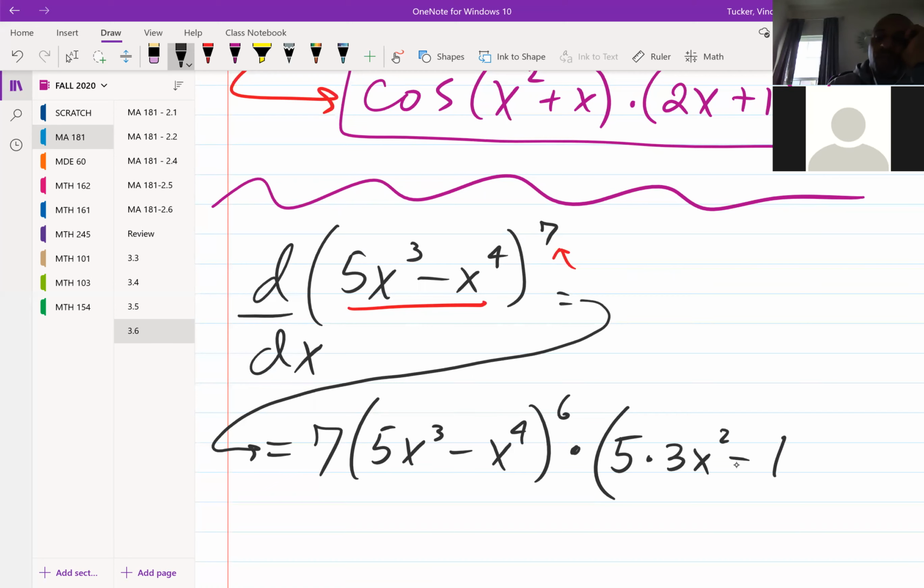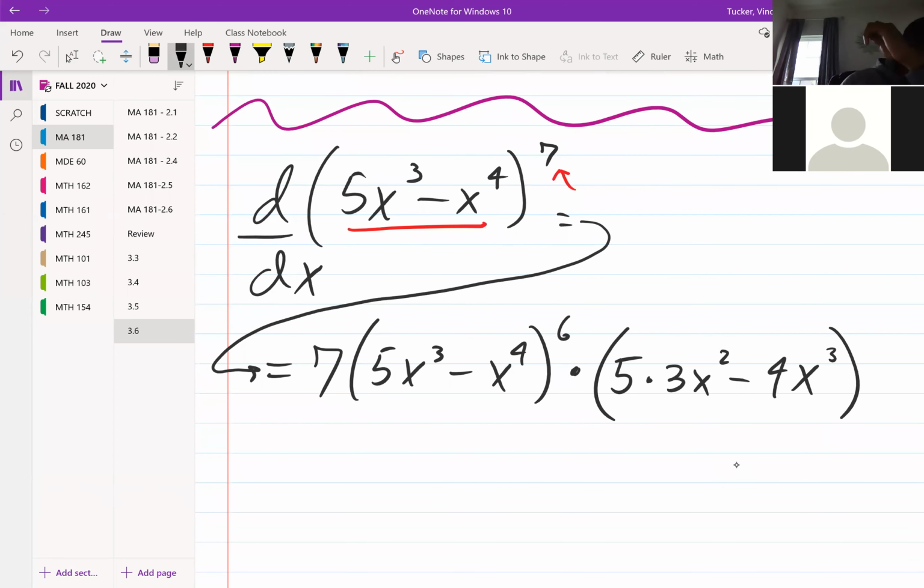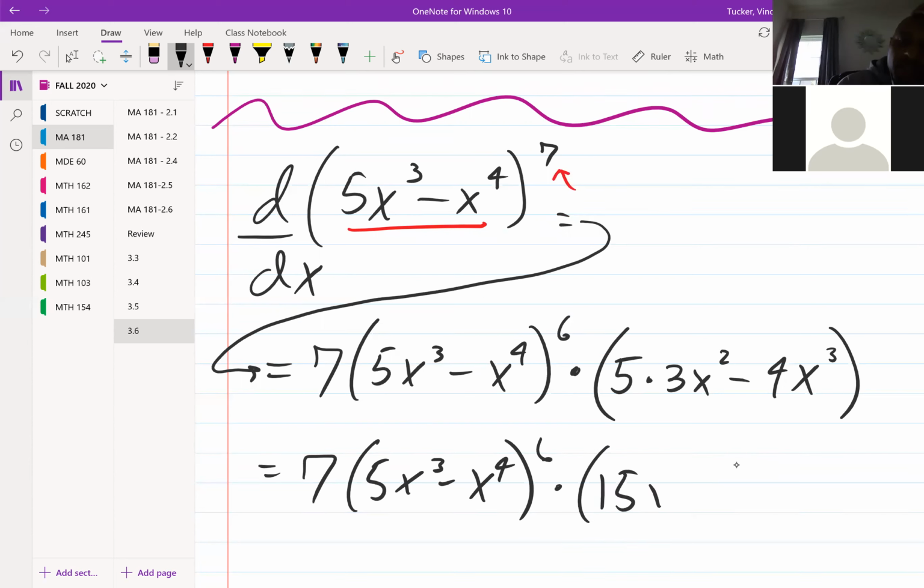Then you bring down 4. Subtract 1 from your exponent, that's 3. So now we have 7 times 5x cubed minus x to the fourth, raised to the sixth power, then 15x squared minus 4x cubed.